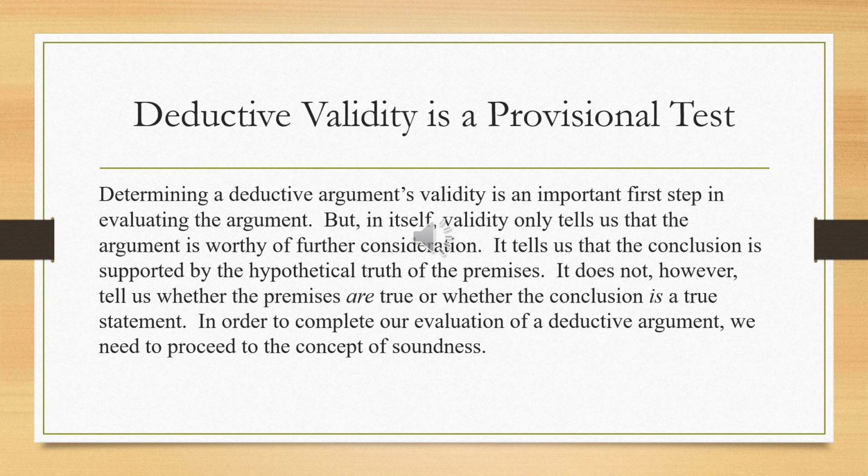But this tells us nothing about whether or not the premises are in fact true, or if the conclusion is in fact true. This is where we have to take the next step, just as we did with cogency, but here, with a deductive argument, we take the step to the concept of soundness.